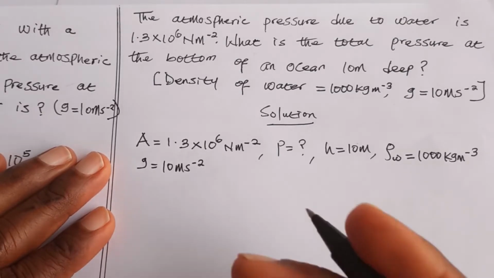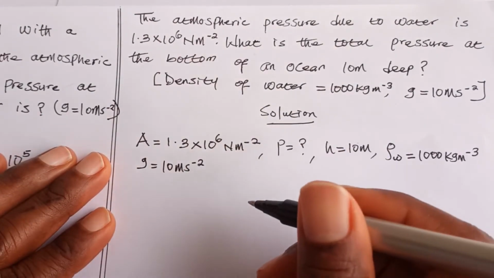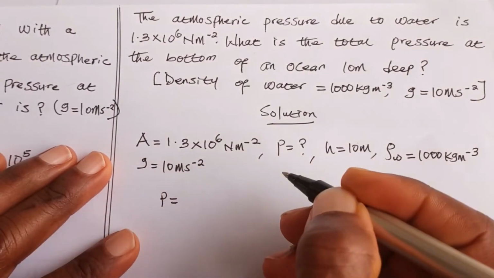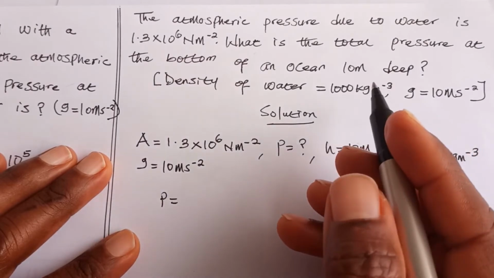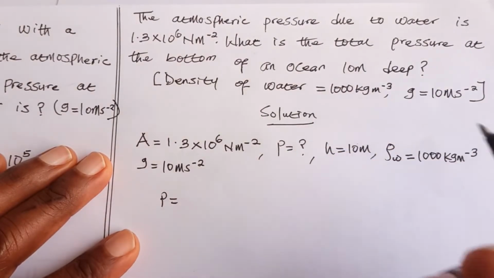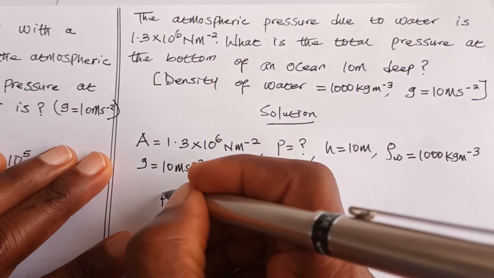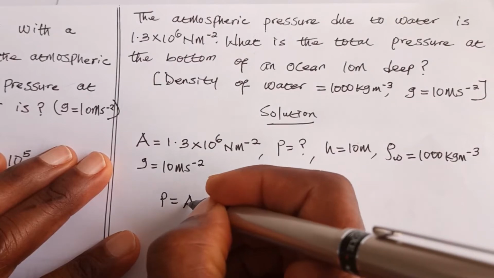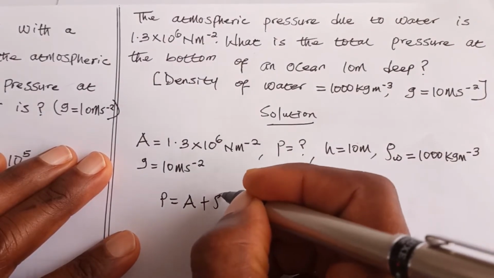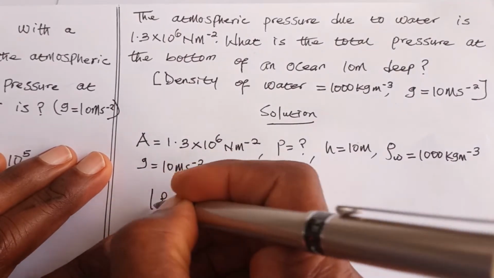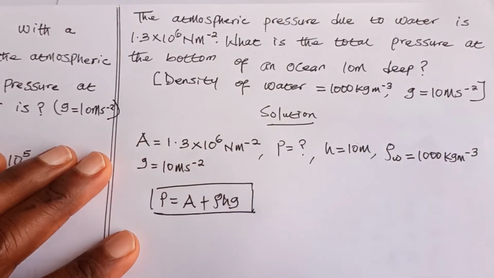So let's go back to our formula that I gave you guys earlier. So we had that our pressure, that is the total pressure. Because it's asking what is the total pressure, that is the full pressure. So what is total pressure? Total pressure now will be atmospheric pressure plus rho hg. Please don't forget this guy. This is always very, very important.